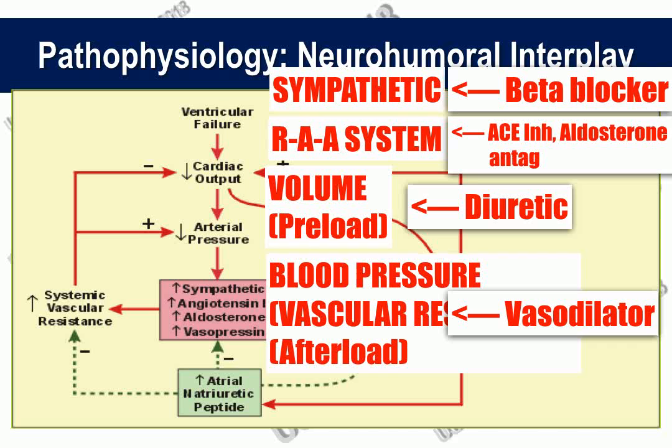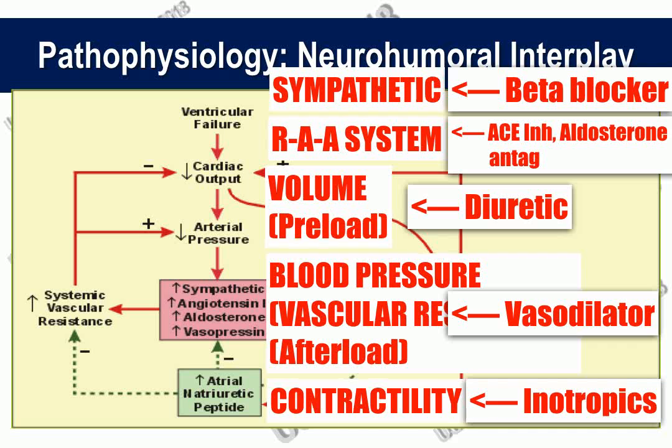There's also the element of contractility, or what we call the inotropic aspect. In patients who have systolic dysfunction, those coronary artery disease or cardiomyopathic patients who have a low ejection fraction, the management here sometimes would be to give inotropic agents.